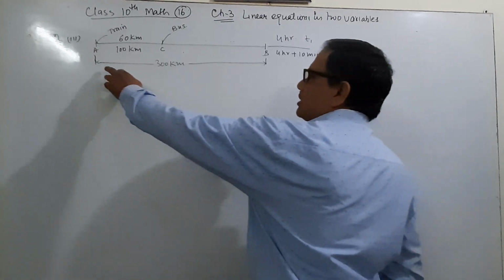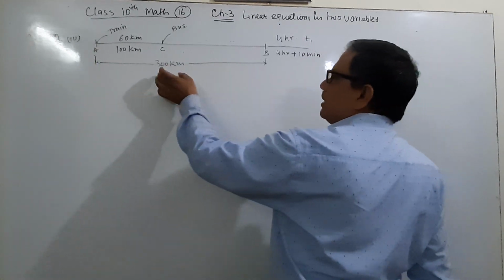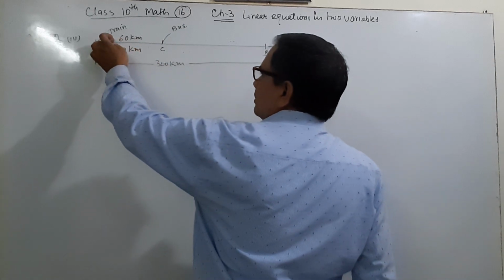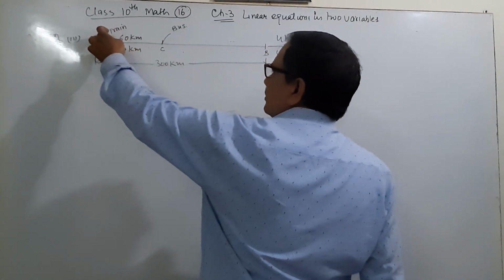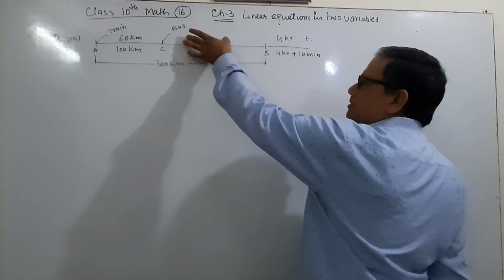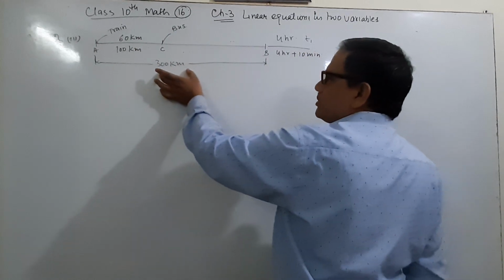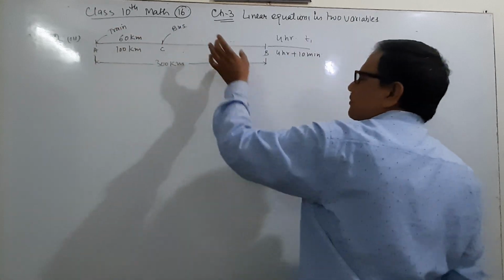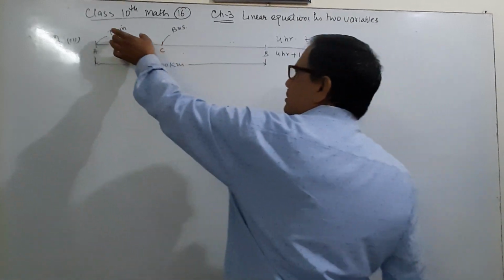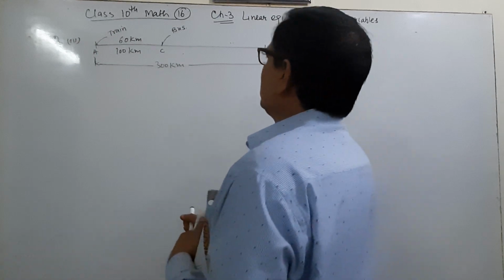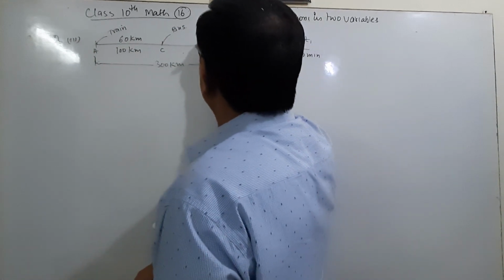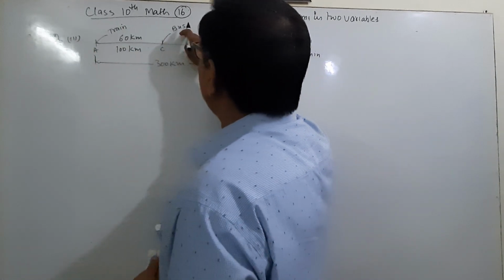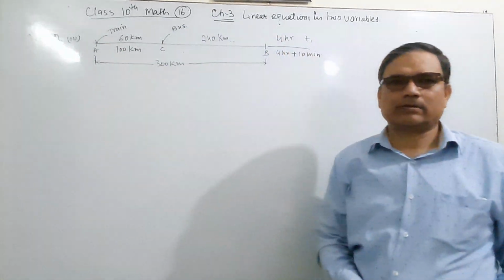If the total distance from A to B is 300 km and 60 km is traveled by train, what is the distance left? Total is 300, 60 km by train, so 300 minus 60 is equal to 240. It means 240 km traveled by bus.